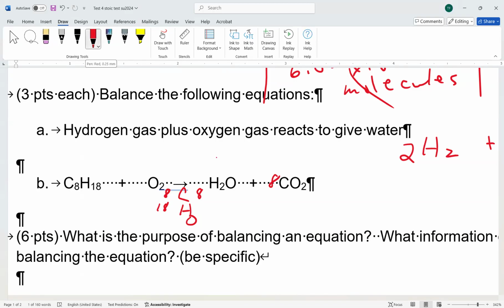Okay, so we need, all right, now the oxygens, we've got 9 and 16. That's 25 on the right. So on the left, oxygens come in twos. So that means we have to have a fraction. So that's going to be 25 over 2, which gives us 25.